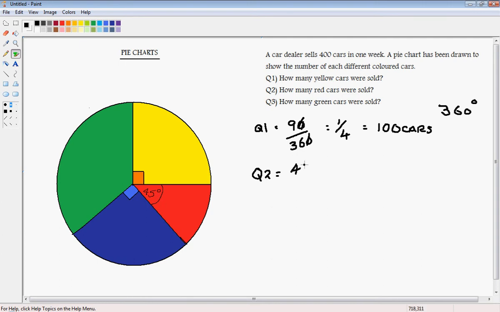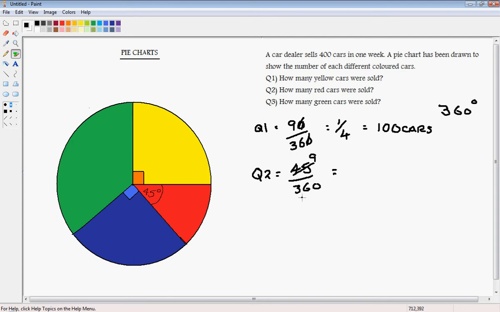So that's 45 of the 360. We need to cancel this down. I know that this number ends in 5, this ends in 0, so I know that top and bottom can be divided by 5. I know that 5 nines are 45.